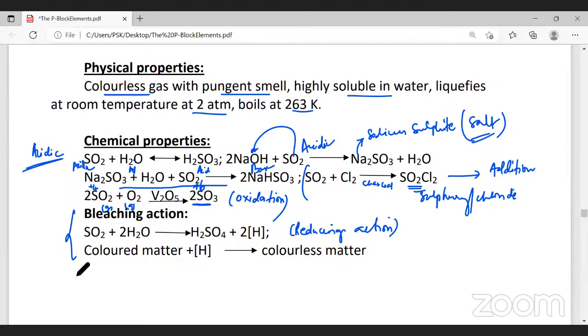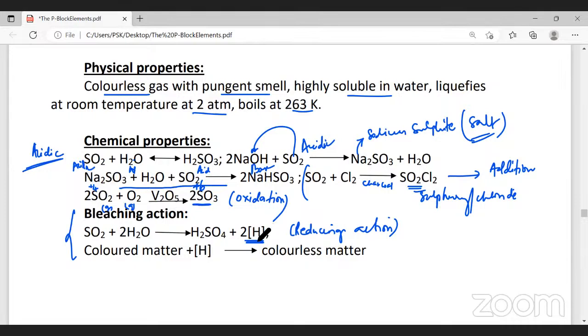This is an important question. Bleaching action is a very important question. Why is this called a reducing agent? Because when sulfur dioxide gas is passed into water, sulfurous acid is formed, giving you nascent hydrogen. Anything which gives nascent hydrogen will be called a reducing agent.